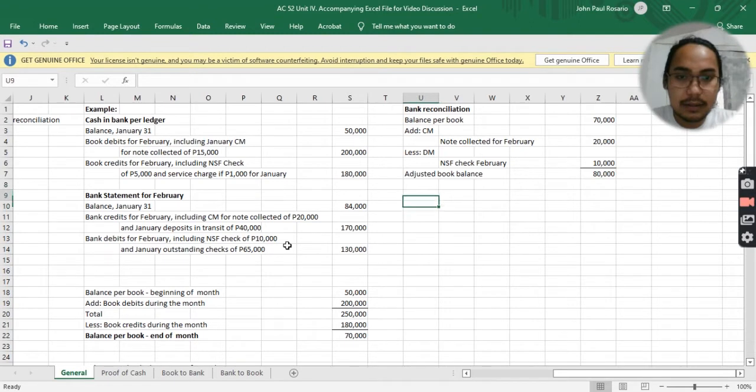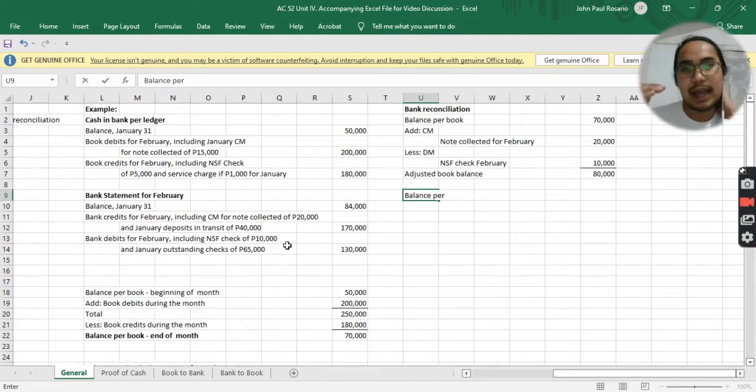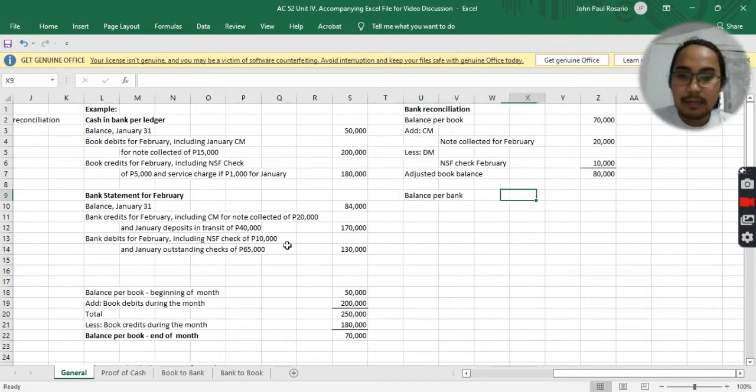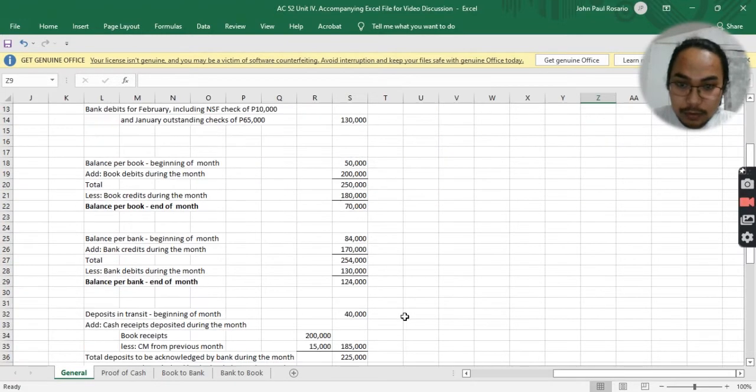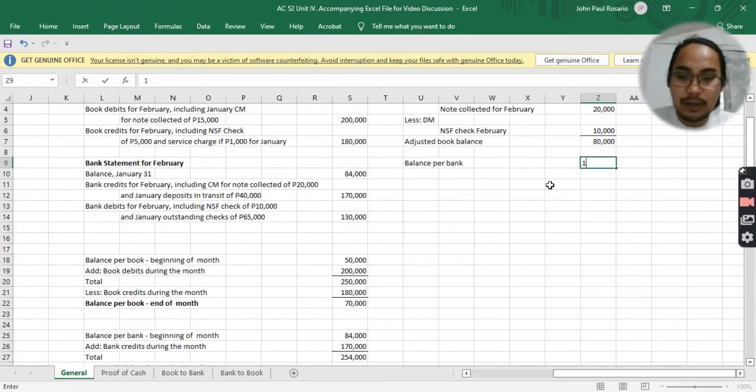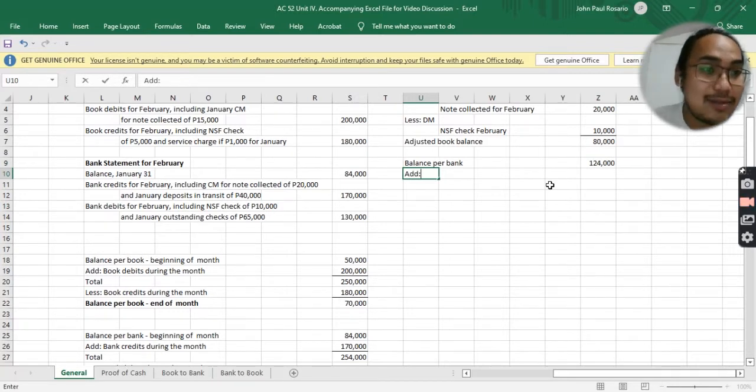So balance per bank. Since we are reconciling it with the balance per bank, we are trying to bring the balance per bank to the adjusted balance per bank. Our balance per bank is 124,000, the unadjusted. And then we add here our bank reconciling items, which include the deposit in transit.